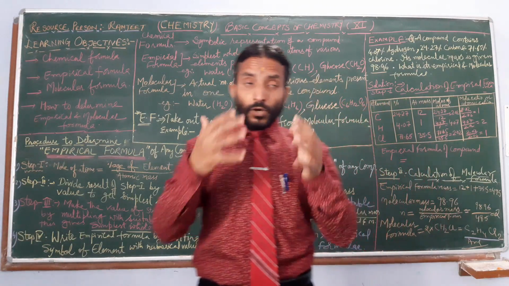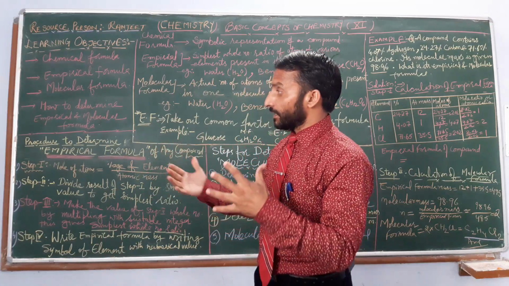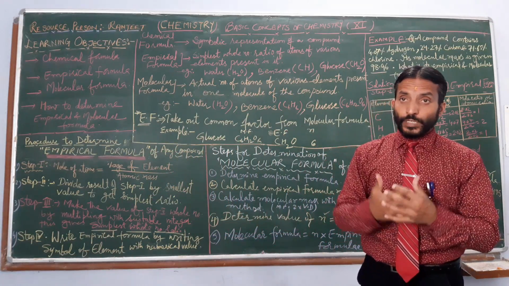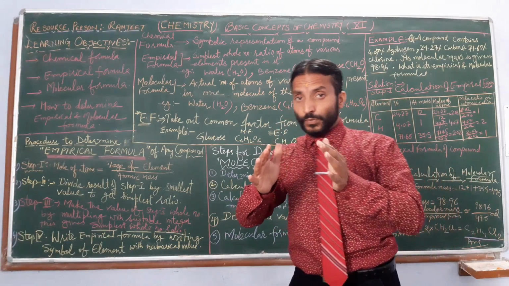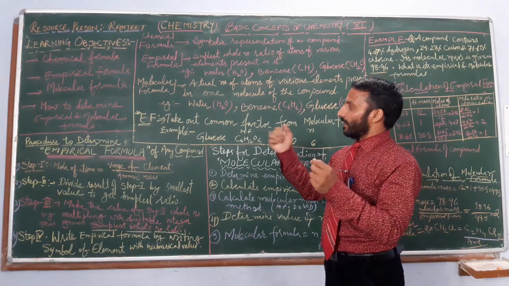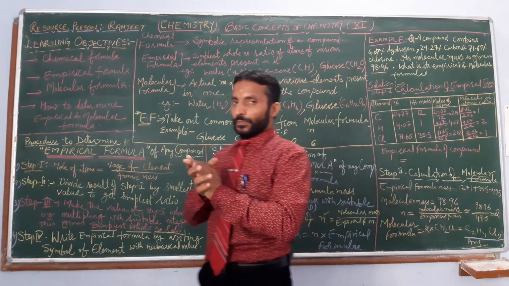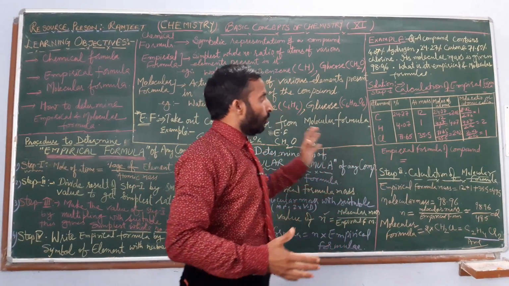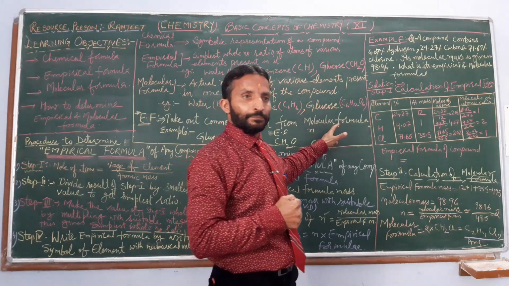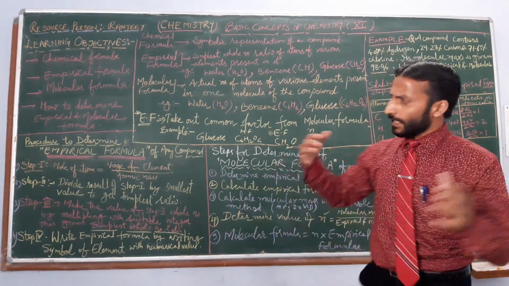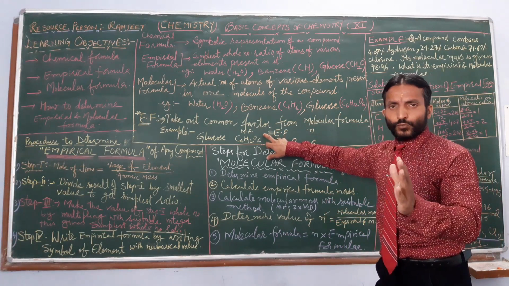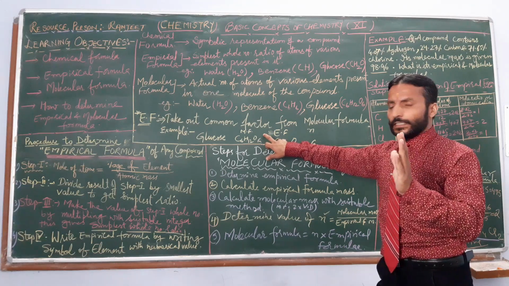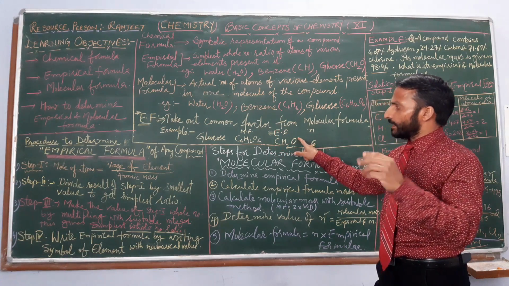So now next is how to calculate the molecular formula and empirical formula. First of all, if it is asked to calculate the empirical formula and the molecular formula is known to us, in that case take out the common factor from the molecular formula, if present. Then what we get is the empirical formula.